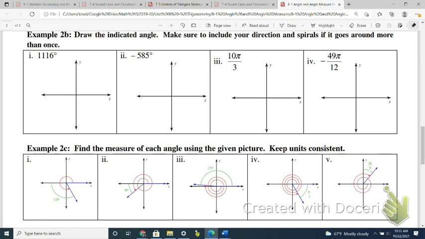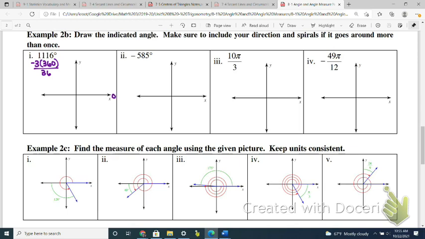In my calculator, I'm just going to take 1,116, subtract 360, and keep doing that until I get to a value that is between 0 and 360. In this case, I would have to do it 3 times. So if I subtract 3 360s, I get 36 degrees.